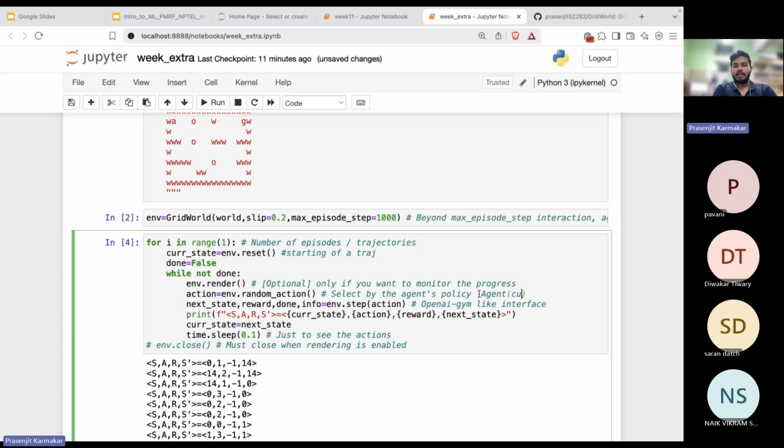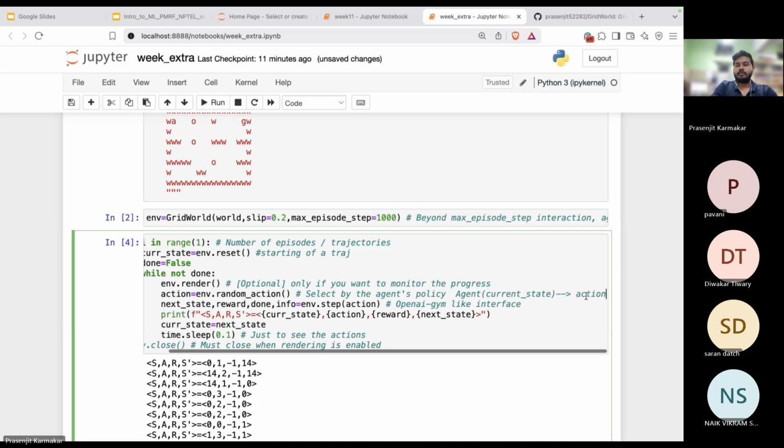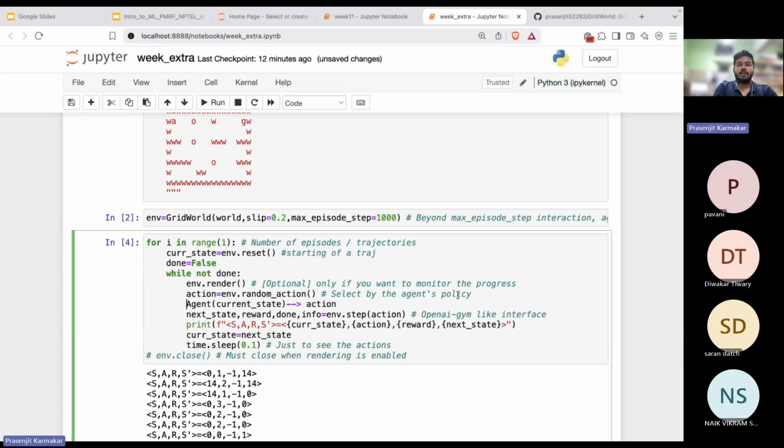It will take the current state and it will throw out a suitable action. Yeah, this is what my agent would be required to do. So my agent would throw out a suitable action and improve its actions with more and more interactions.